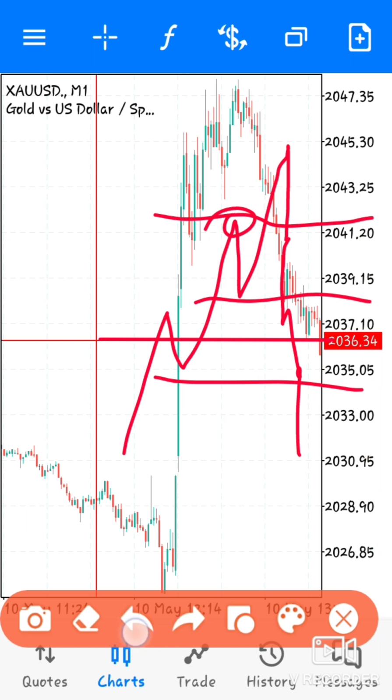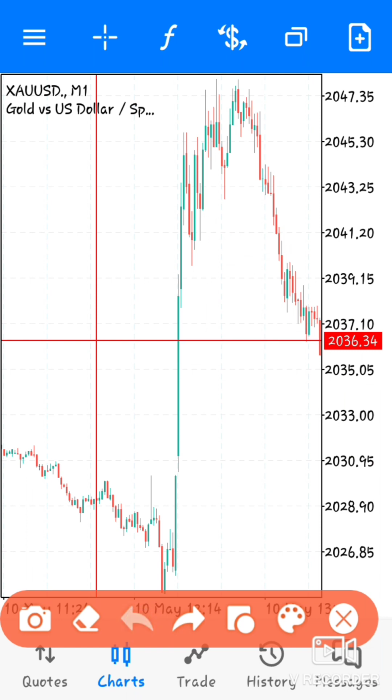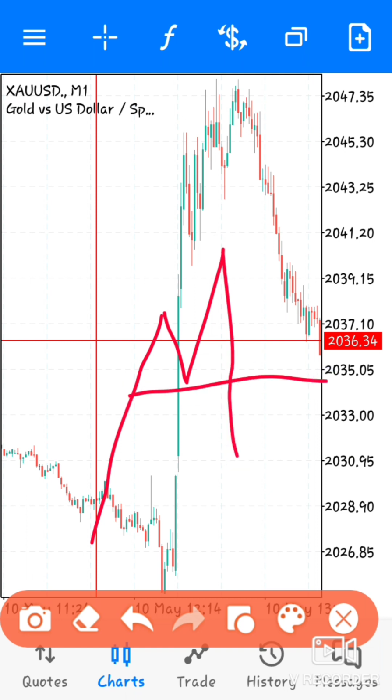Now the third one is you see price get to your resistance level in H4, which you have marked in H4. Now you want to see price come down, take out these people that were in for buy, trying to follow the trend.